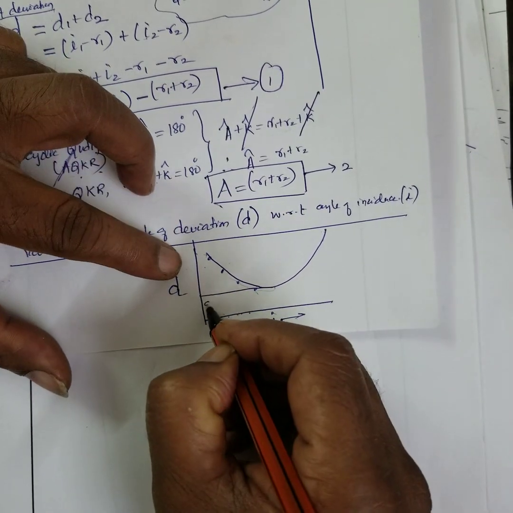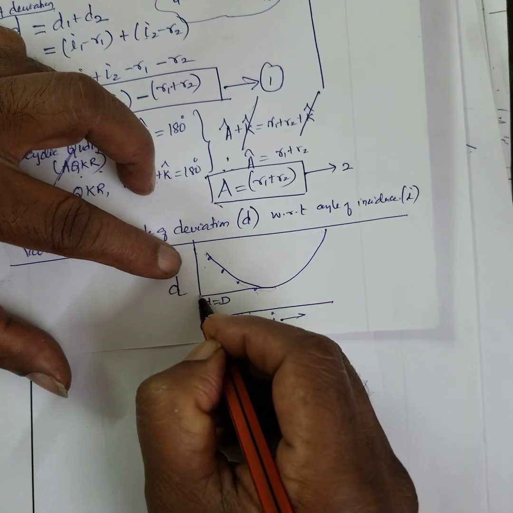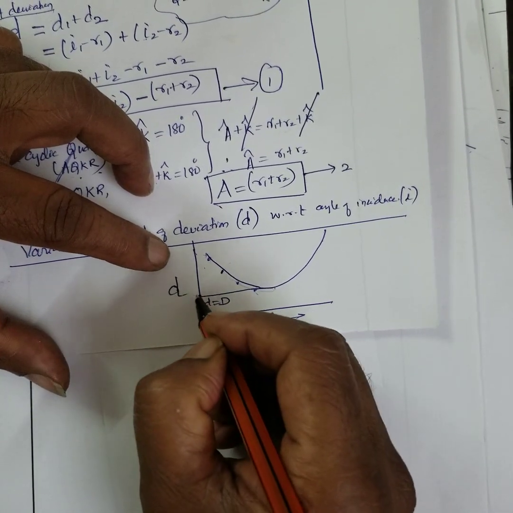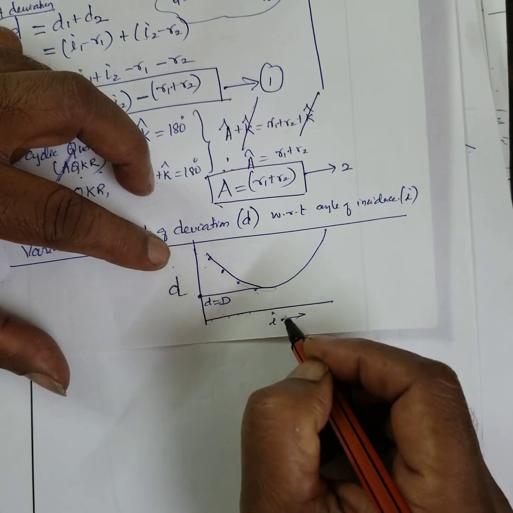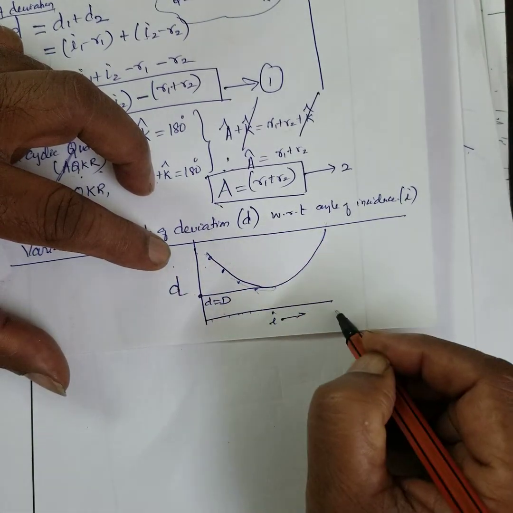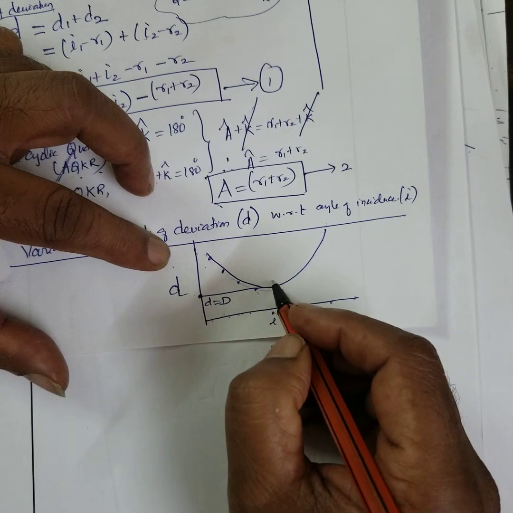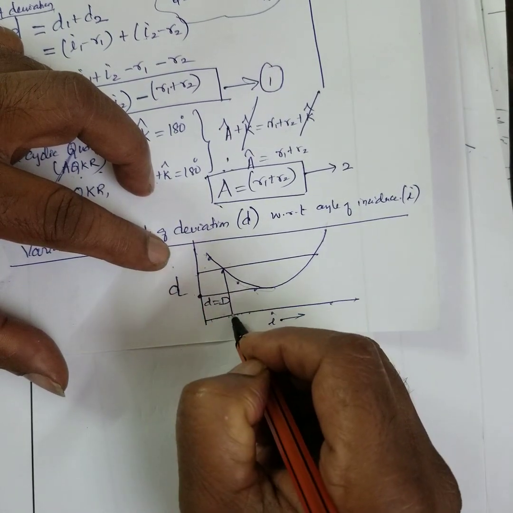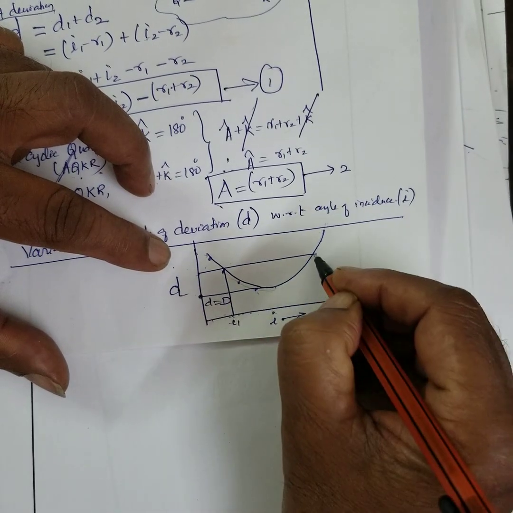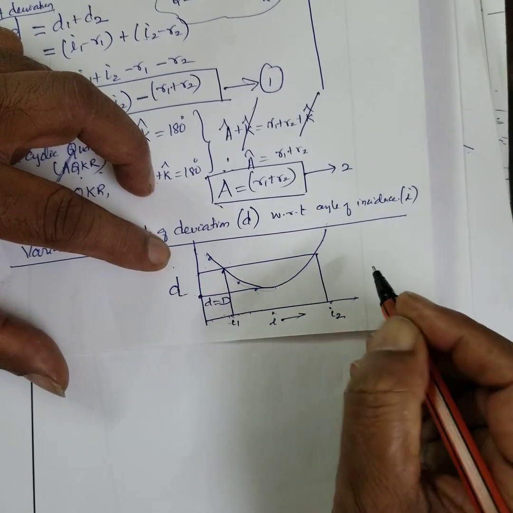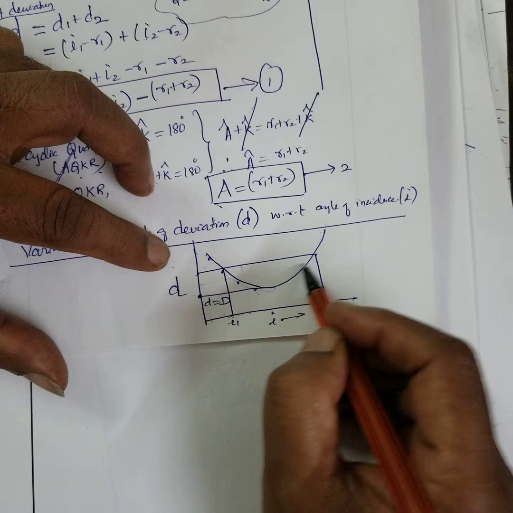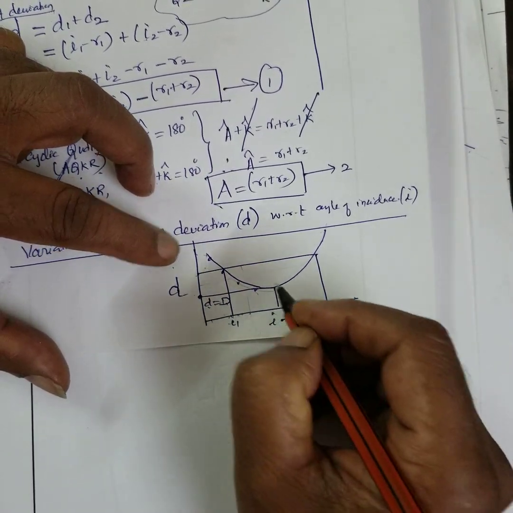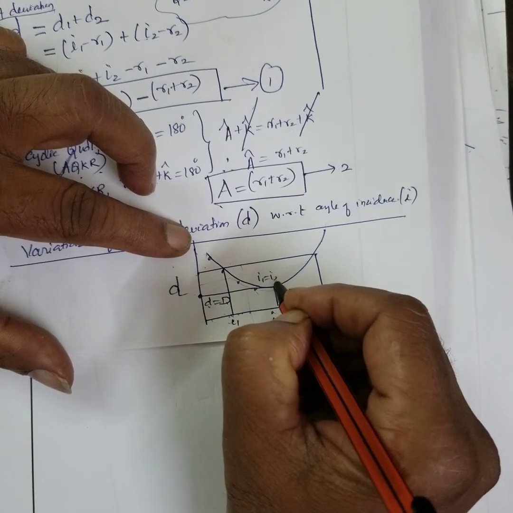D becomes capital D. This is total deviation. Then again it increases as I increases. For every deviation, you take a particular deviation, angle of incident is this I1, this I2. You take anything, here also I1 and I2 come. But when D becomes capital D, I1 equal to I2 equal to I.